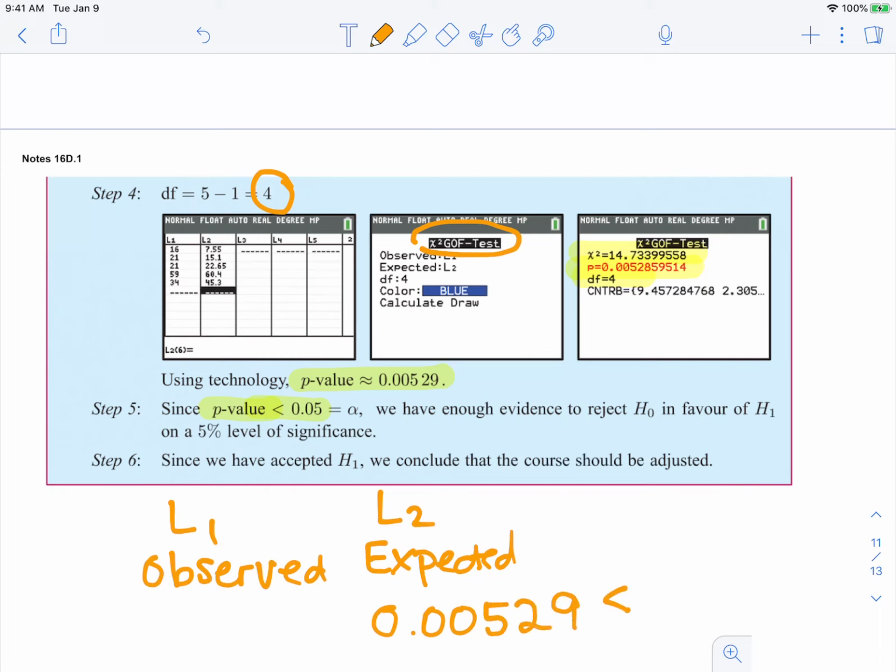Is that less than 5%? Yes. So what we do is we have evidence to reject the null hypothesis in favor of the alternative. So what does that mean? Since we accepted the alternative, we conclude that the course should be adjusted. The grades should be changed.